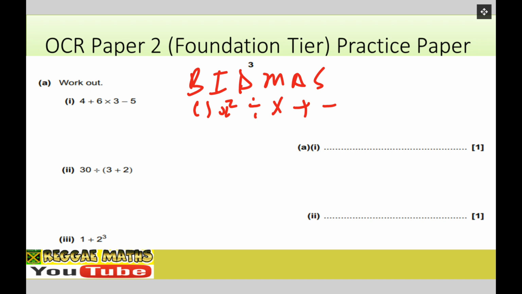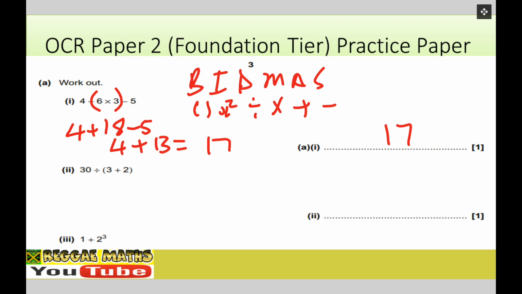In this case we have 6 times 3, that's 18, plus 4 minus 5. 5 from 18 is 13, so 4 plus 13 equals 17. So your answer is 17.